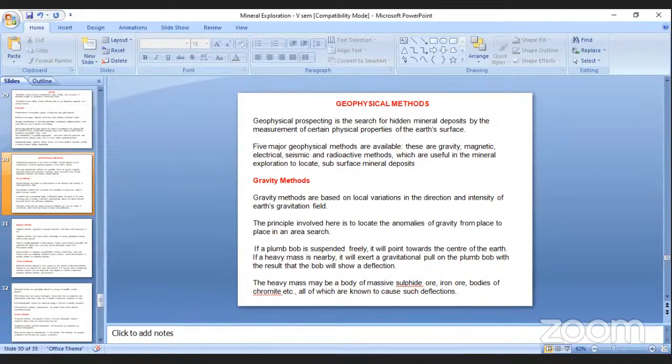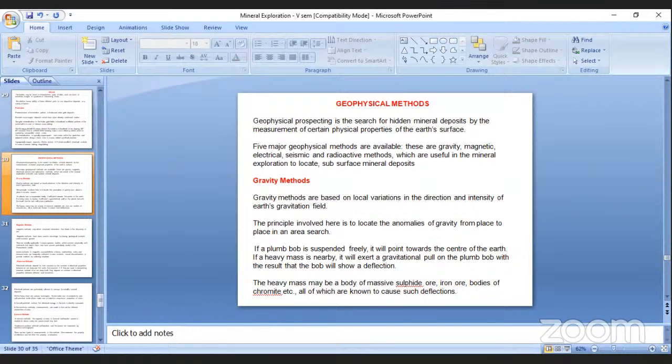So here the geophysical methods are divided into 5 categories. What are they? The first one is gravity. Second, magnetic. Third, electrical. Fourth, seismic. And finally, radioactive methods.